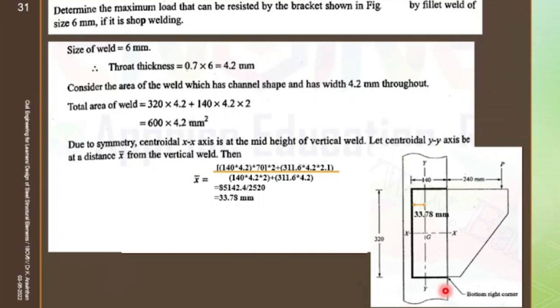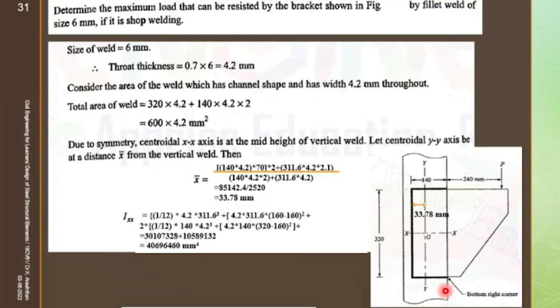I11 equals Ixx plus Ay square. I11 is the reference axis, equals Ixx plus Ay square. A is called area, Y is called distance. Okay, so the formula is written here.